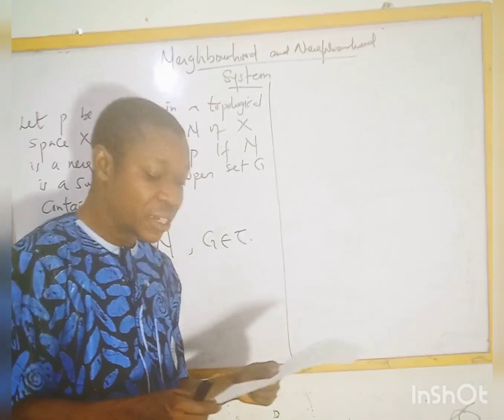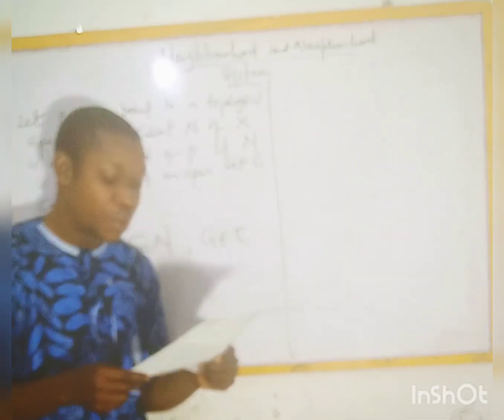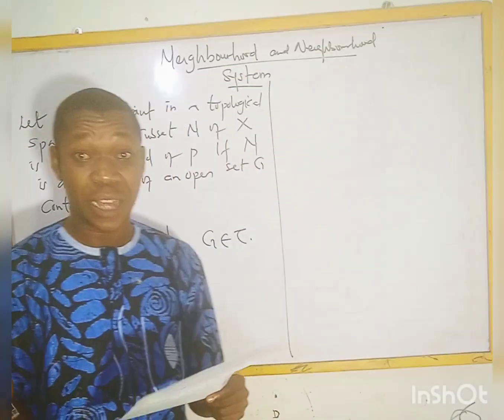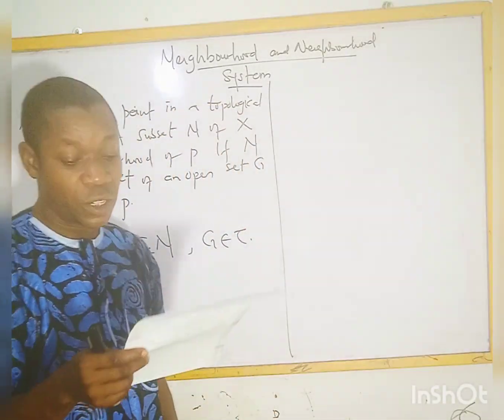You can say that N is a neighborhood of point P is the inverse of the relation P is an interior point of N. And we can go back to interior point.